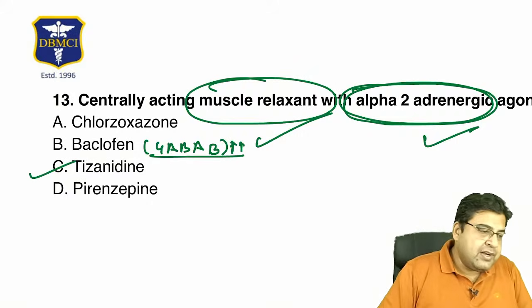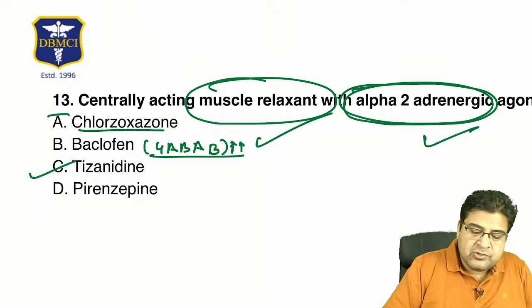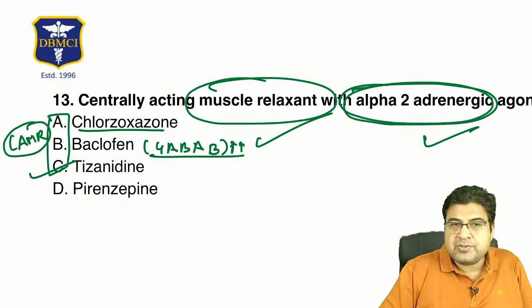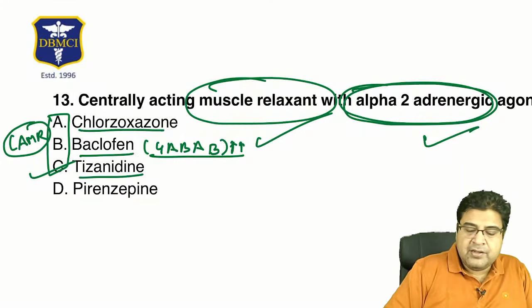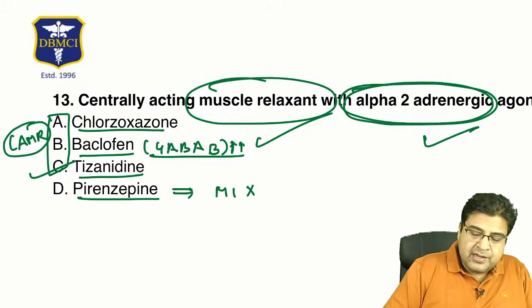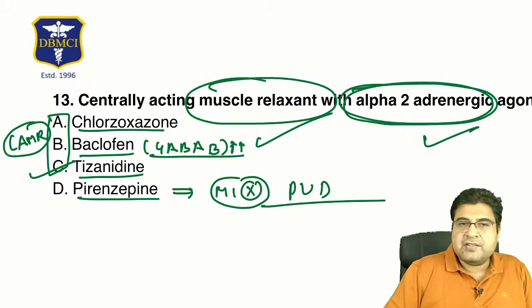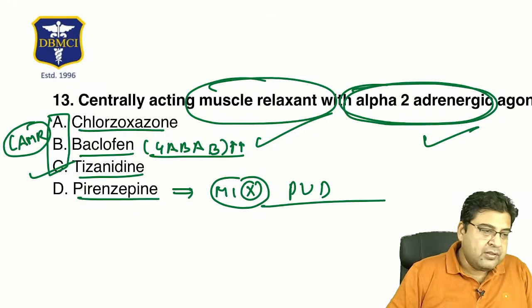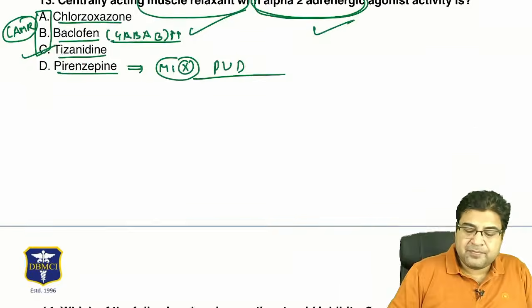Chlorzoxazole is also a centrally acting muscle relaxant. So these are the three medicines we use as centrally acting muscle relaxants: baclofen, tizanidine, chlorzoxazole. Now, pirenzepine is a muscarinic 1 receptor blocker that we use for peptic ulcer disease. So question 13, answer is D.